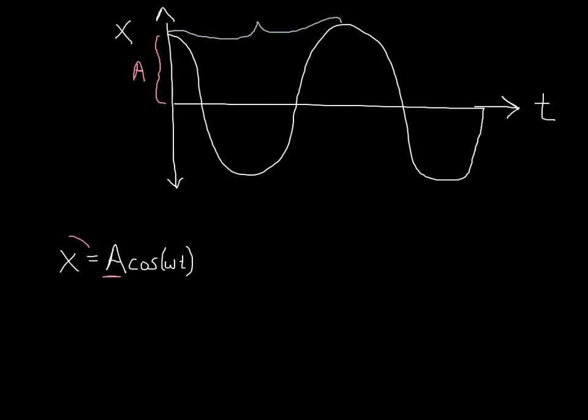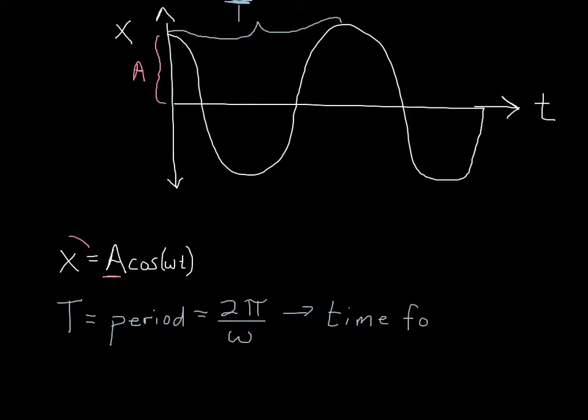The time that it takes to go this distance is capital T, where capital T, as it's been in the past, is the period. And the period, as we already know, is 2 pi divided by the frequency. So that period is the time for one complete cycle of my oscillation.